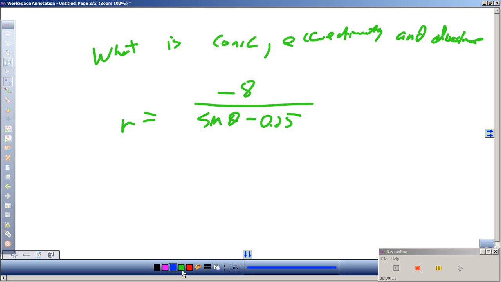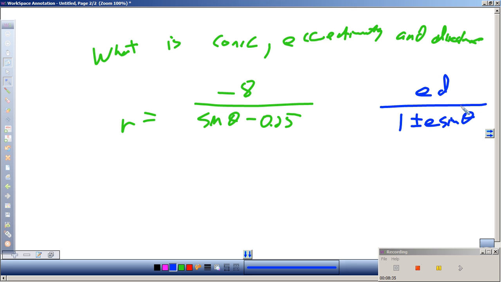Let's get into the other form. Is it sine or cosine? Sine: 1 plus or minus e sine. How do we know it's a sine one? Because there's sine in here. This is our goal, to put it in this form.